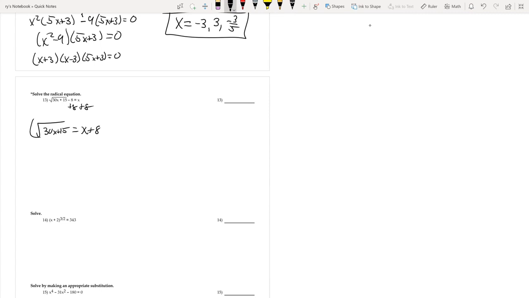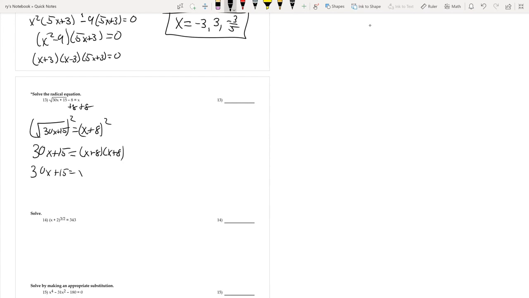Now I have to square both sides to get rid of this square root. So I get 30x plus 15 is equal to, so now this is an x plus 8 squared. I'm going to write it as x plus 8 times x plus 8. So I'm going to FOIL it right now. So foiling, the left side stays the same, 30x plus 15.